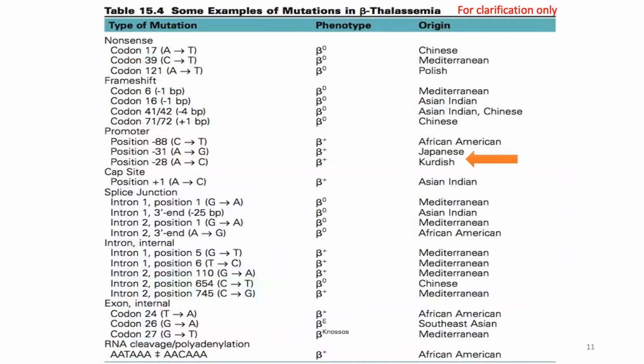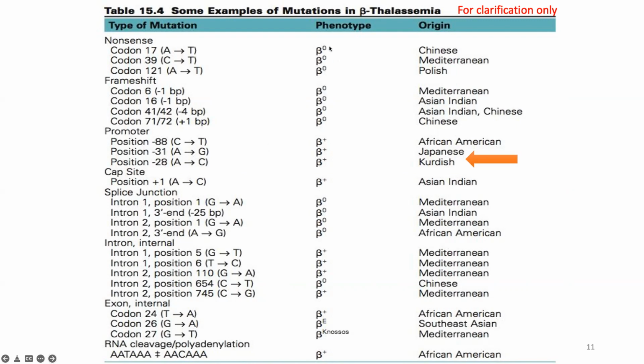This is also again for clarification. Here is an example of mutations in beta thalassemia. There are over 300 different types of mutation that result in beta thalassemia. But as we can see, the regions of the mutations are different. Some of them are in the coding region, some in the promoter region, or the capsite, or the splice junction, and so on.